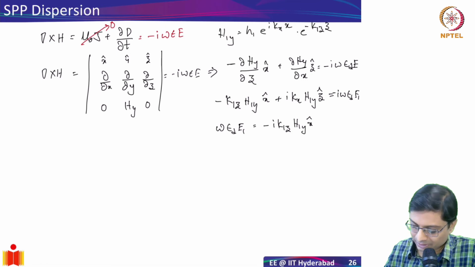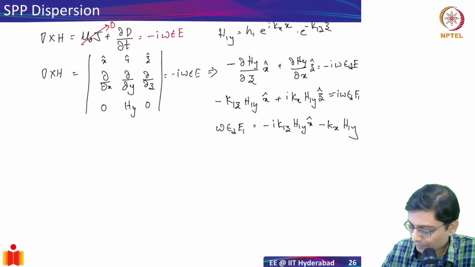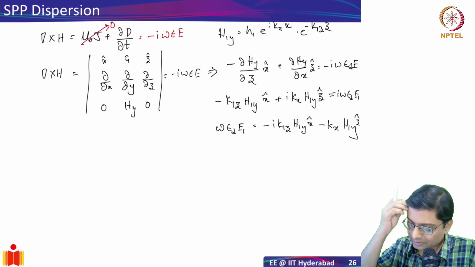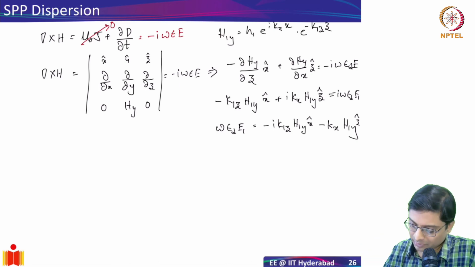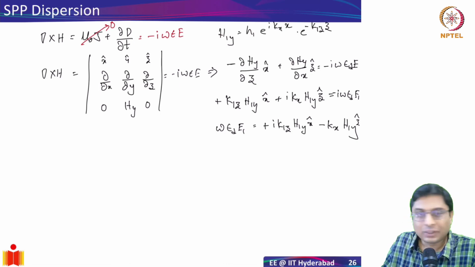So now this is going to be minus kx h1y, and z cap. So these two terms, dou hy by dou z, so minus k1z h1y. There's a minus and there's a minus, so this should be plus. I think that's what it should be.